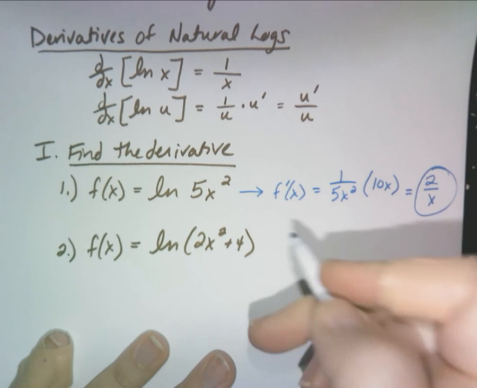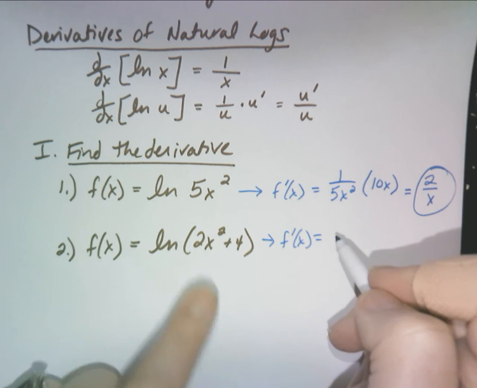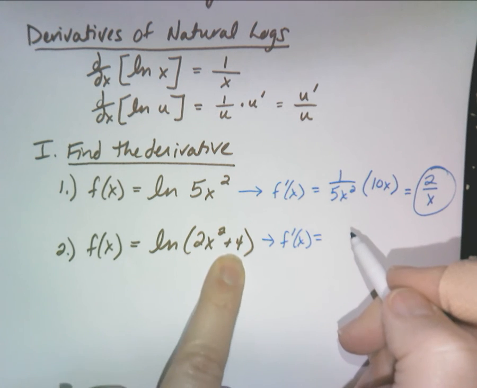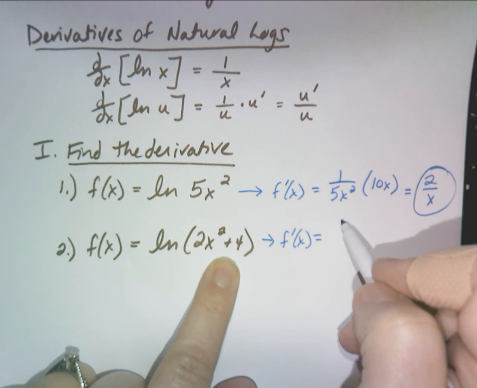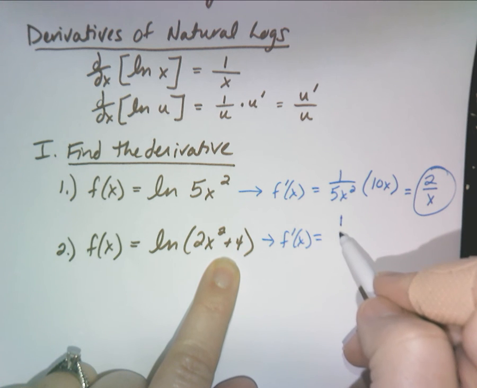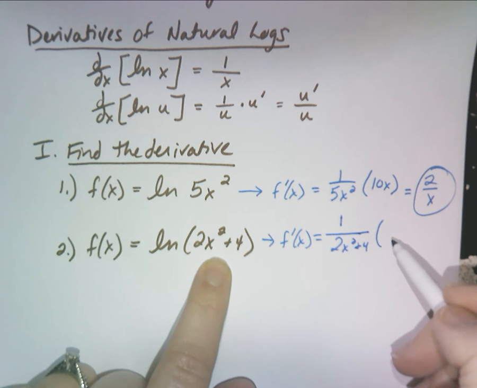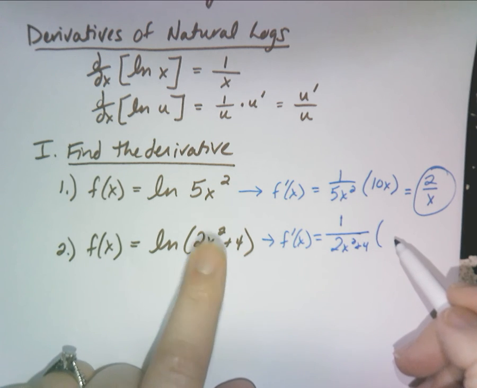All right, let's do this one. Derivative of ln of 2x squared plus 4. So that would be, again, what would it be? 1 over 2x squared plus 4. And then what do I need to multiply by after that? 4x, the derivative of 2x squared plus 4.